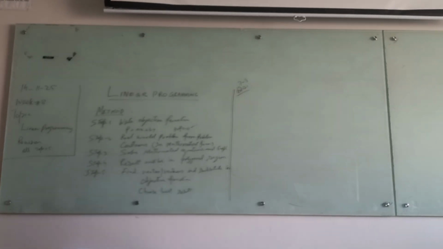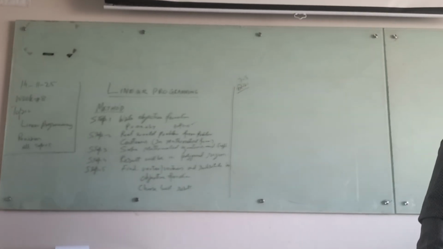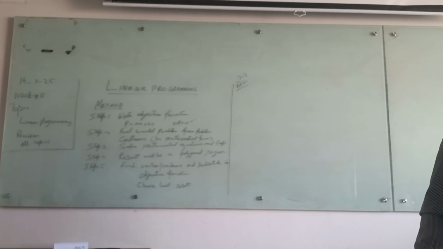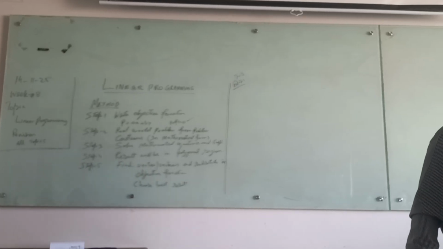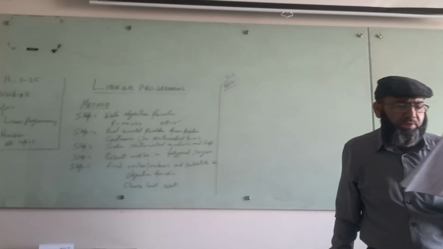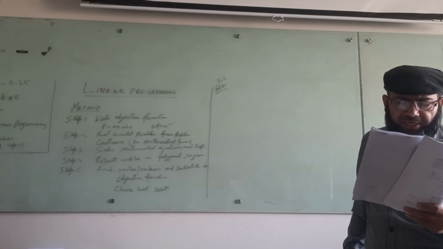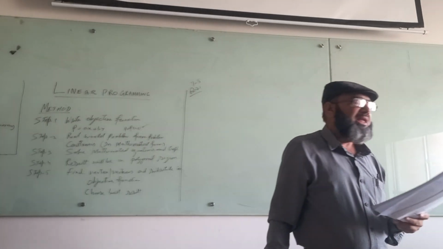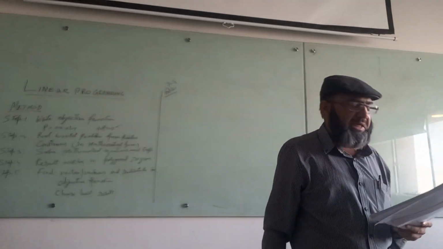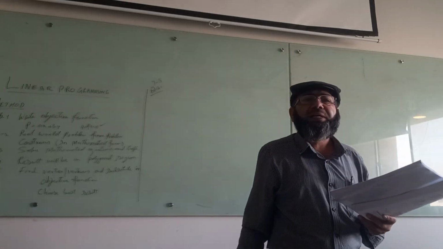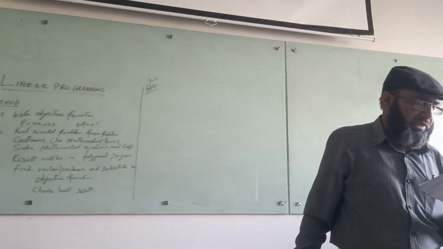A store owner sells televisions and Blu-ray players, but he can stock at most 30 of such appliances in any combination. It says there is no space for more than 30. It will be equal to 30 or less than 30.